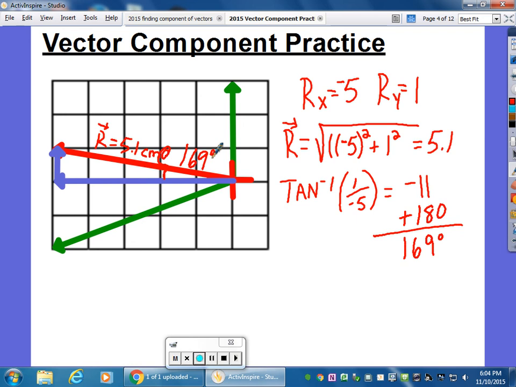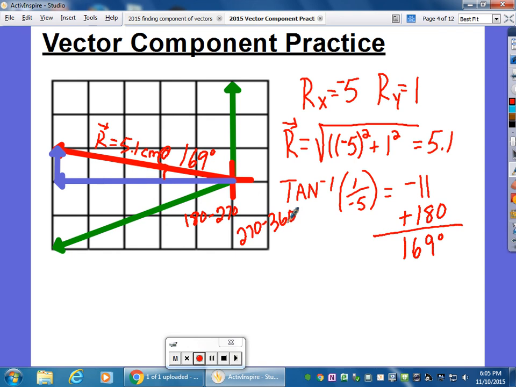Now in quadrant number 3, keep in mind that your angles have to be between 180 and 270 degrees. So you may have to add 360 degrees depending on where you're located. And then in quadrant 4, your angles are between 270 and 360.